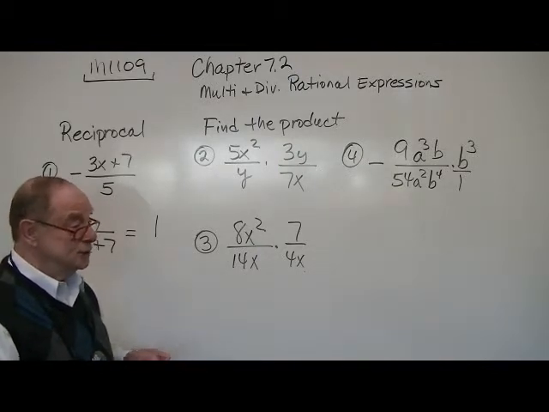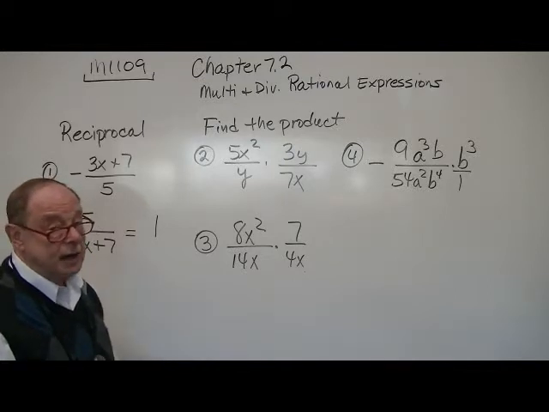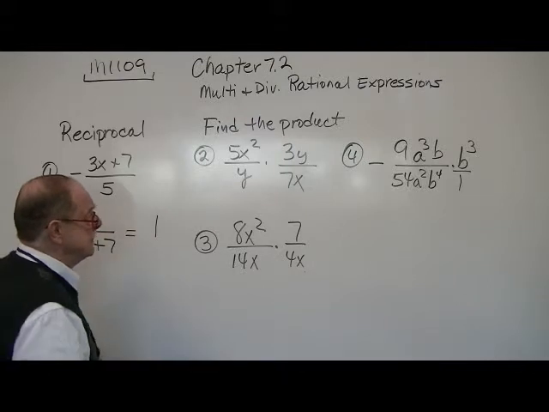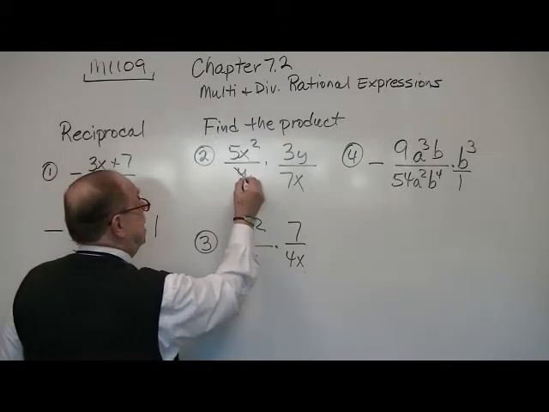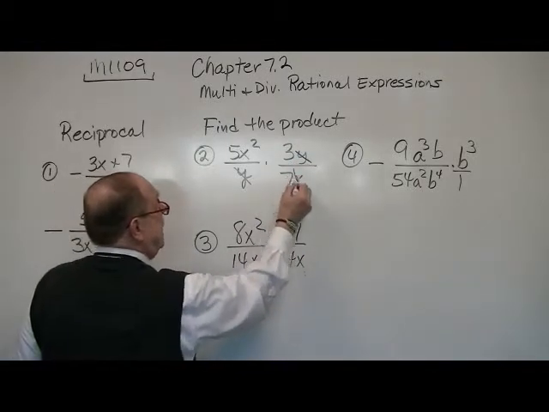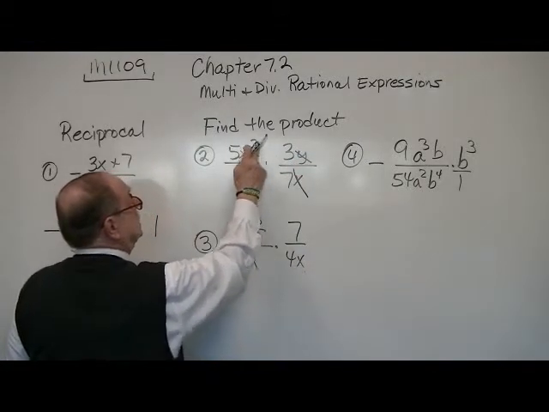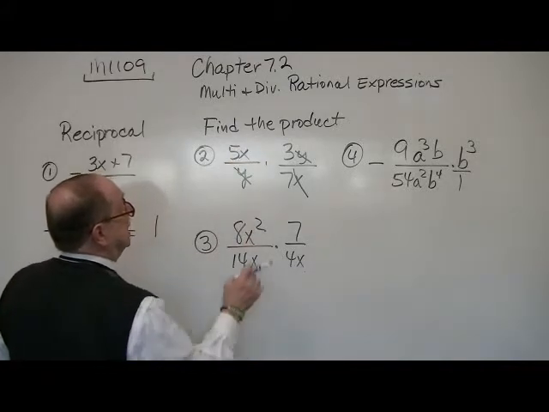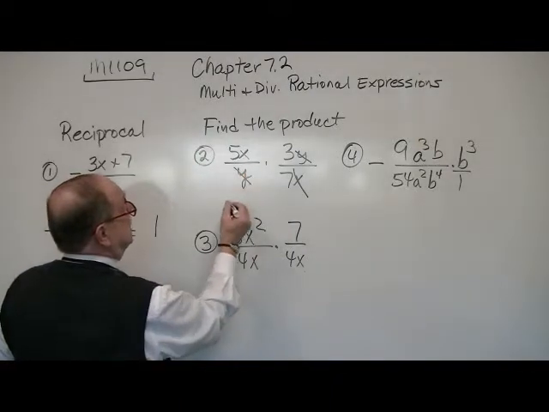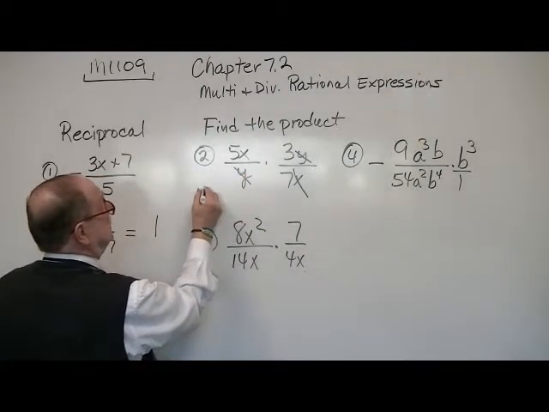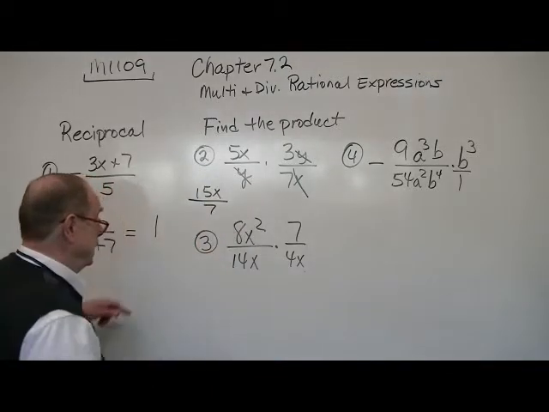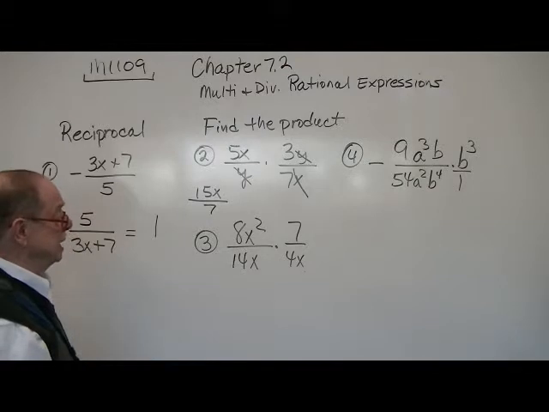So the first thing to do in any of these is to factor them and cancel out wherever you can. So here, this y would cancel with this y. This x would cancel with one of these. And that's about as far as you could go. So you end up then on top with 15x over 7. And then that can't be simplified anymore.